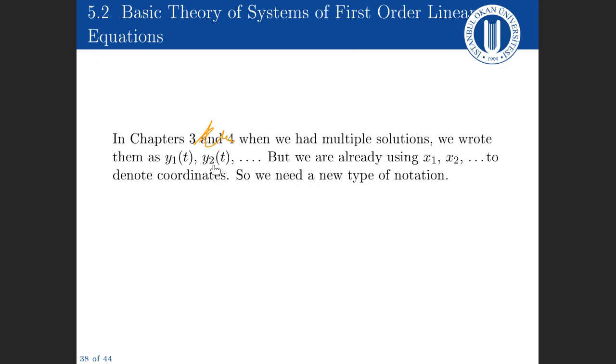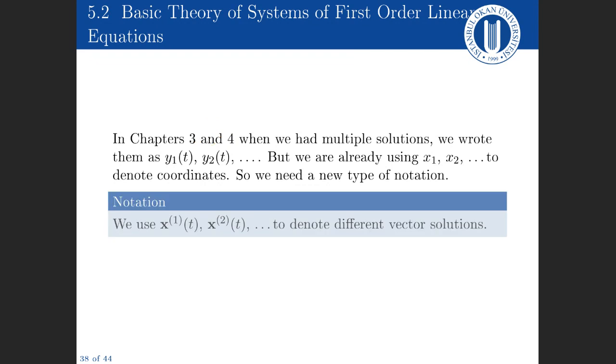So we're going to need a new type of notation to denote the different solutions. The notation we're going to use is a superscript with a number in brackets. So if you see x superscript (1), this means solution number 1. And if you see x superscript (2), then this just means solution number 2, and so on.